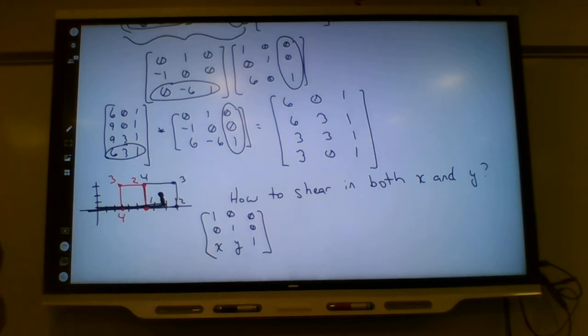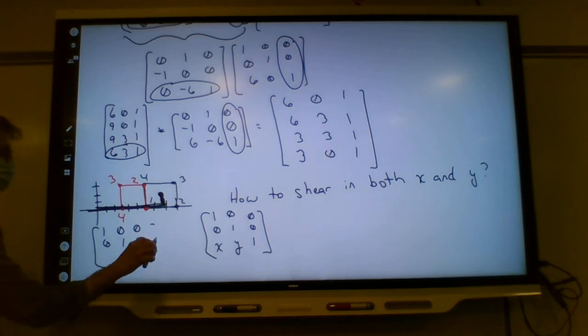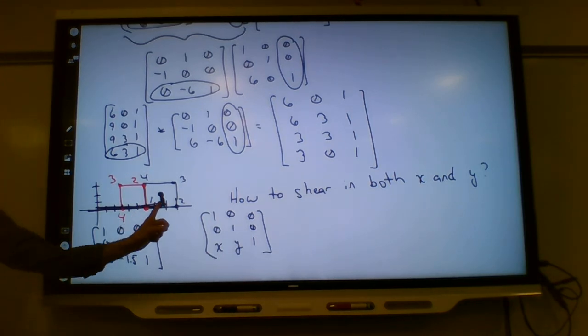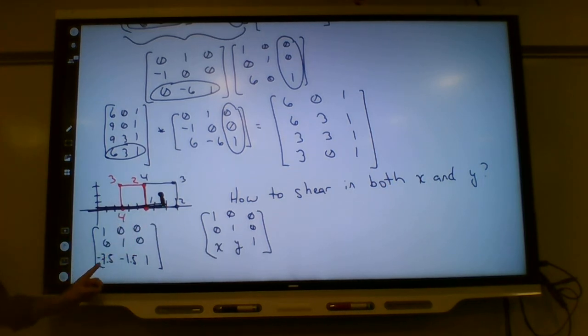What would the x be in this particular example? 6.5. Because the center would be over 1.5 from there as well, because it was 3 units wide. So negative 7.5 and negative 1.5.